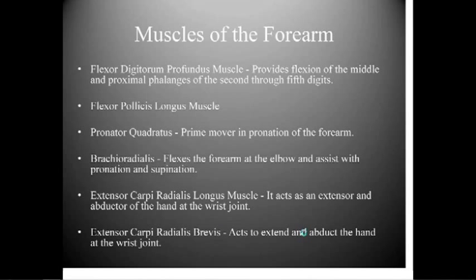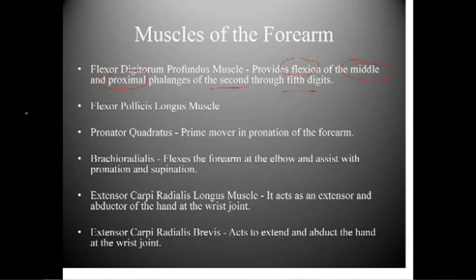The flexor digitorum profundus muscle provides flexion of the middle and proximal phalanges of the 2nd through 5th digits. So it kind of shares this load as well. So we're doing flexion, middle, and the proximal phalanges, 2nd through 5th.